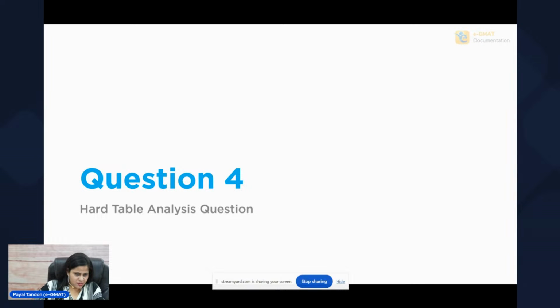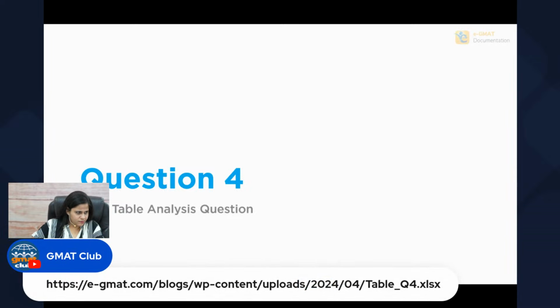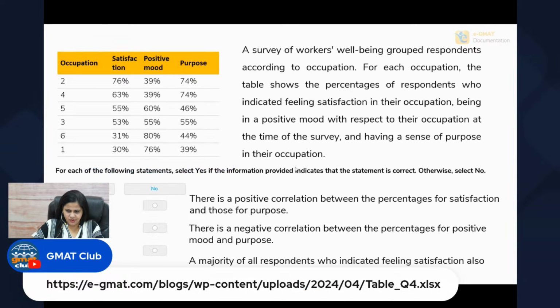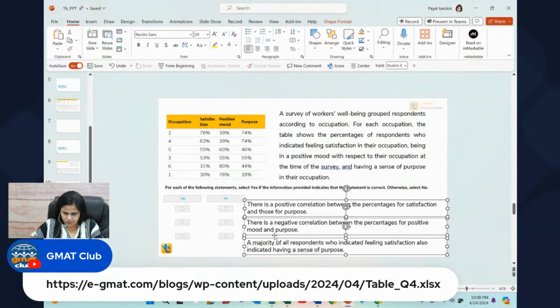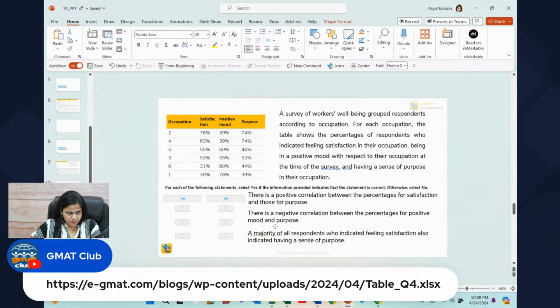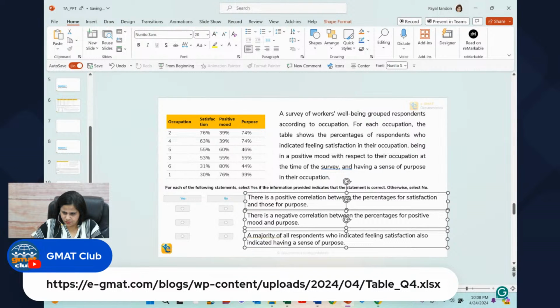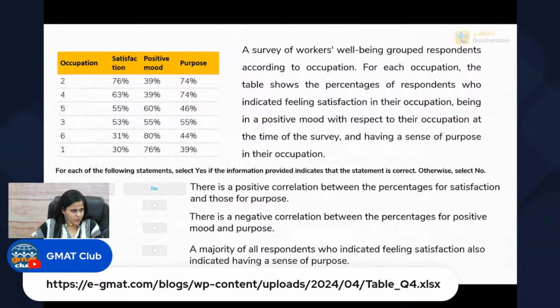Here is the table for question 4. There you go. And here is the question.